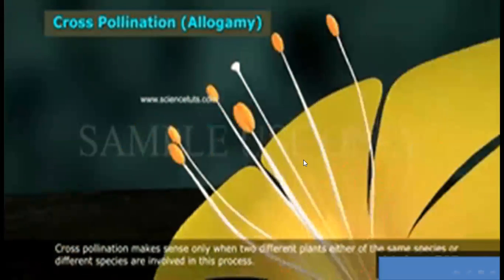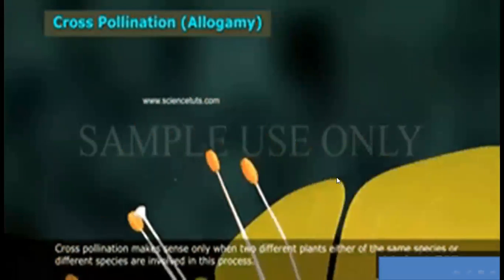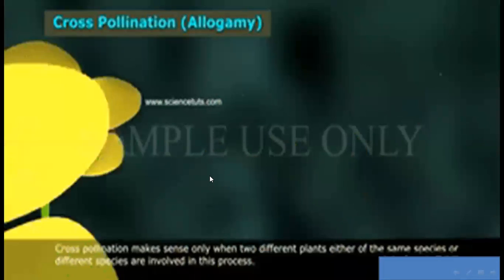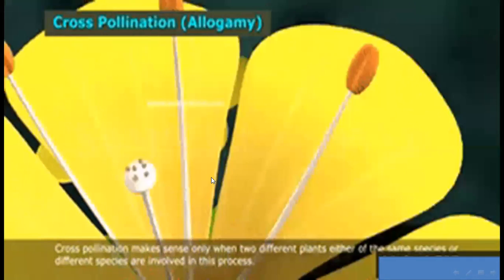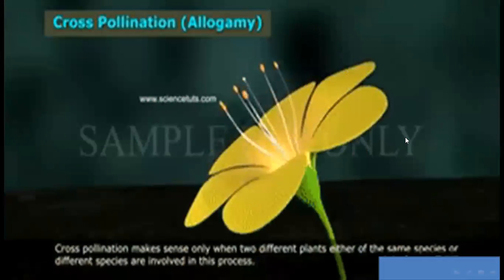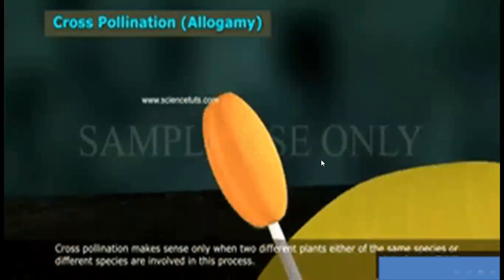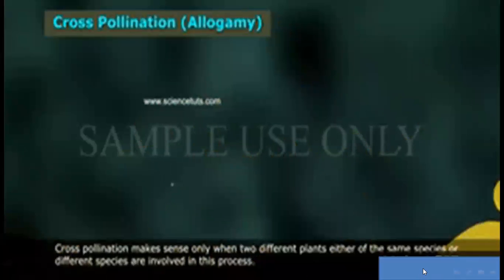Transfer of pollen grain from anther to stigma of another flower. The pollen grain of a flower falls onto the stigma of another flower. It is called cross-pollination.